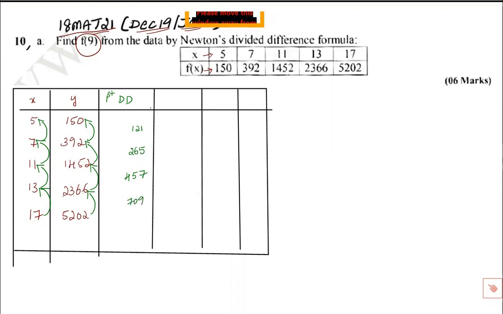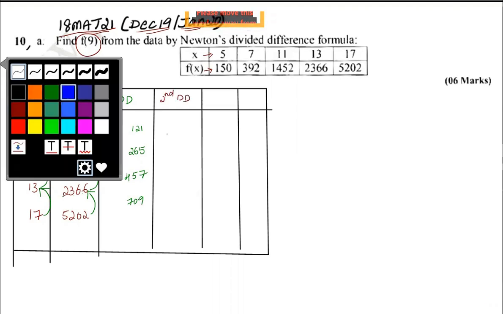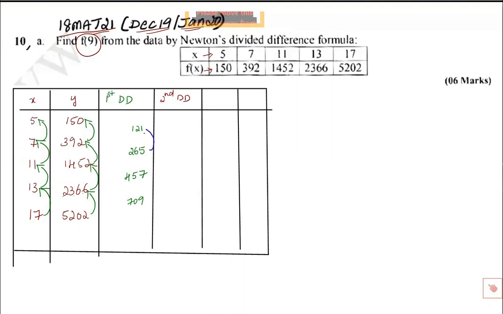Next, compute the second divided difference. 265 minus 121 divided by 11 minus 5, so you will get 24 as the answer here.